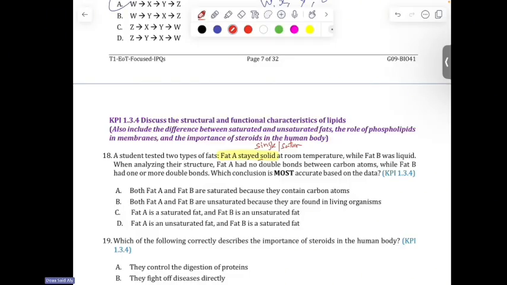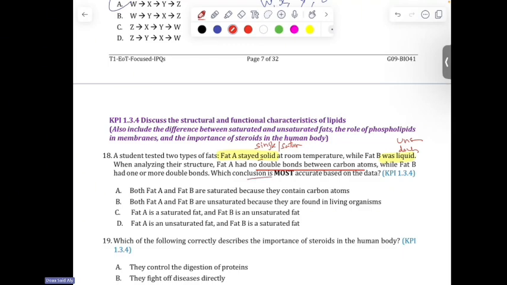At room temperature, while B was liquid. What does liquid mean? Liquid means unsaturated and it has double bonds. When analyzing their structures, fat A had no double bond between the carbon atoms, while fat B had one or more double bonds. Which conclusion is most accurate?